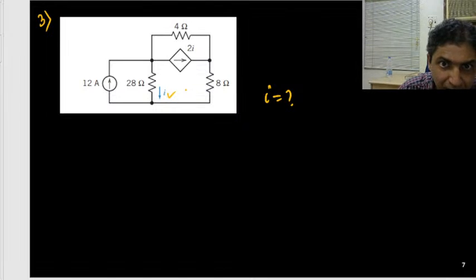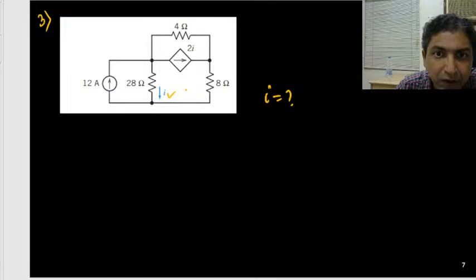So this is one problem containing one dependent source, one independent current source, and 3 more resistances. So can you solve for this one? Which method will we be using here?